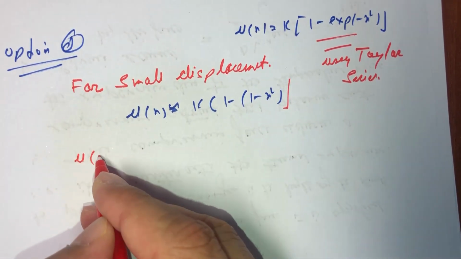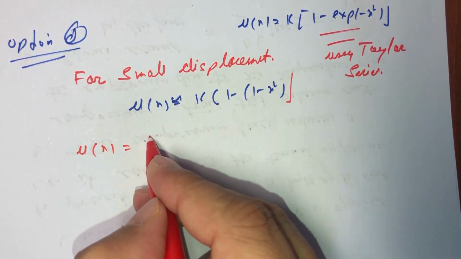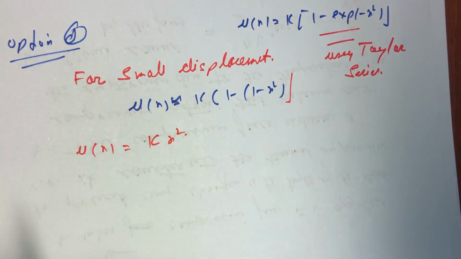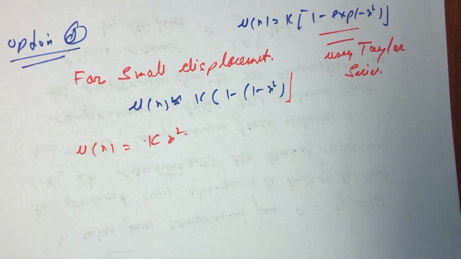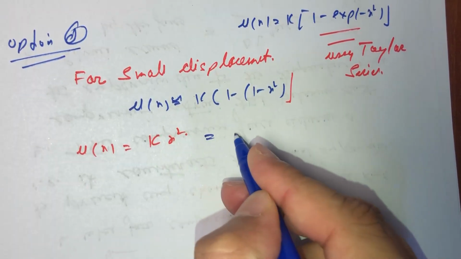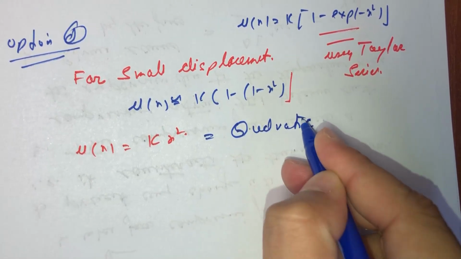If you open this equation, we can easily say that U(x) will be equal to Kx², which is a quadratic potential. This is nothing but a quadratic potential.